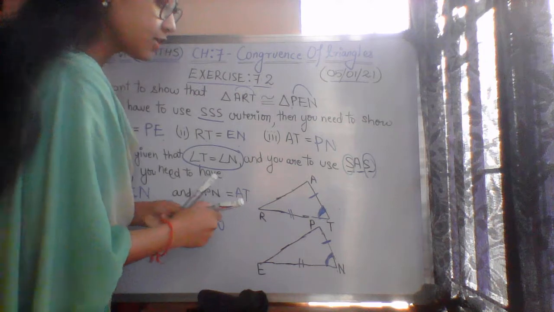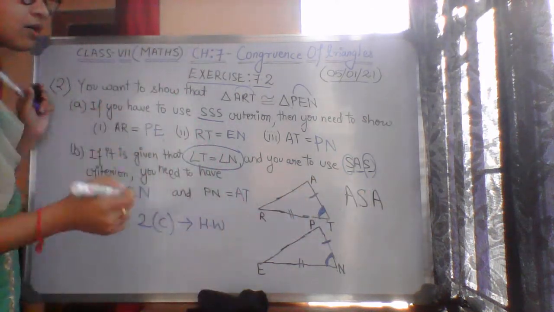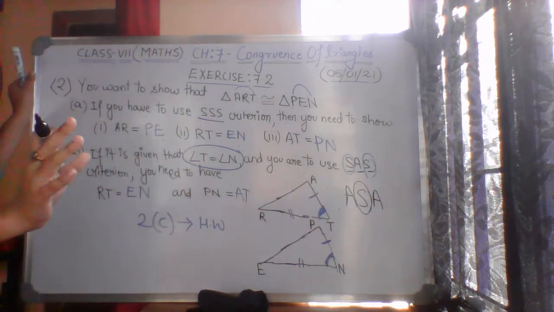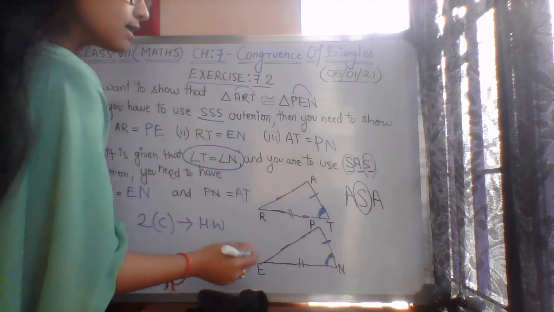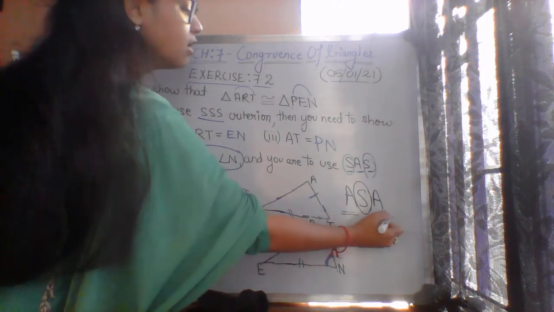In the third question, they have given angle side angle. In the question, they have given which side is equal. Only you have to show which angles will be equal.